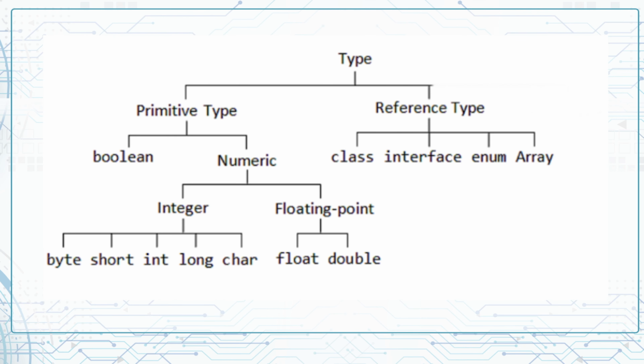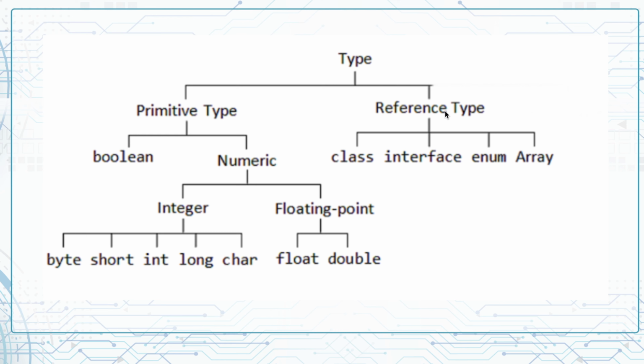So, in Java, there are two main categories of variable types or data types. There are the primitive types, which has 8 types inside of it: boolean, byte, short, integer, long, char, float, and double. And there are the reference types. In the primitive types, as you can see, it's divided between the boolean category, which has true or false only, and inside the numeric we have the integer and the floating point.